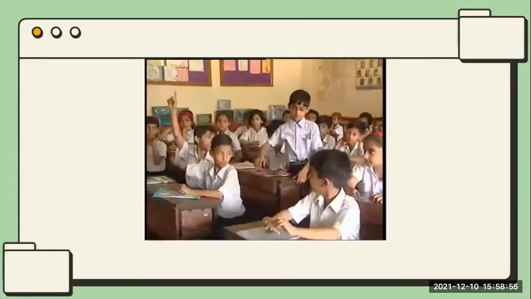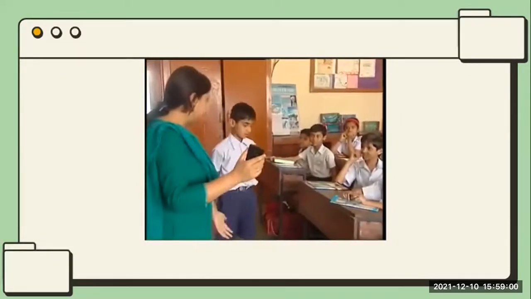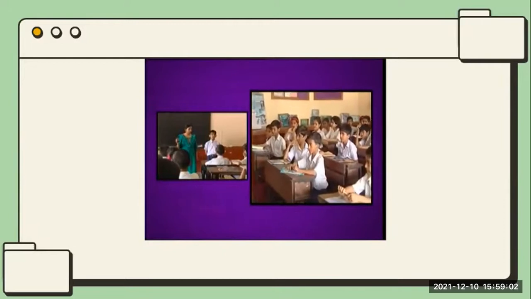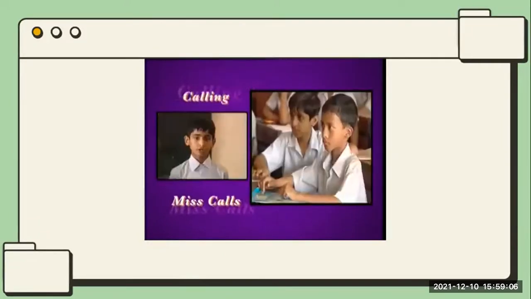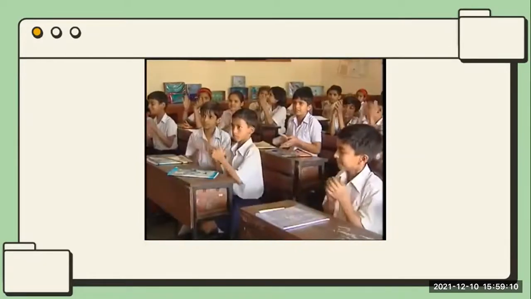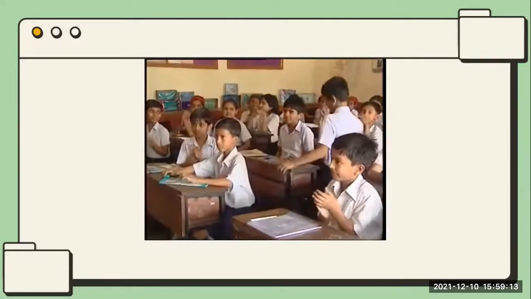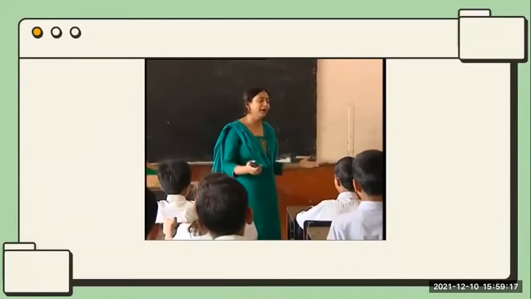Yes, please come. Tell it to the class. Come near. Mobile use for message, calculator, missed calls, calling. So, very good. Clap everybody for him. Yes. So, you all are quite well aware of the uses of mobile. That's very good.